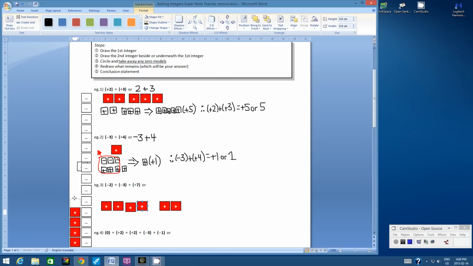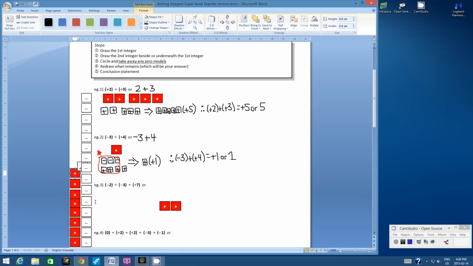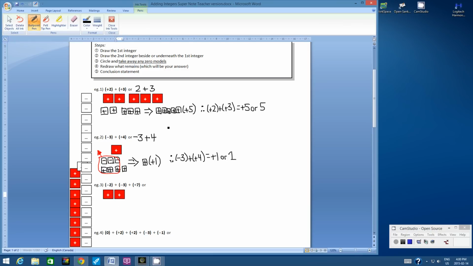But I'm going to carry through here. All right. So whatever remains should be our answer. If we've done our tile solution right, we should end up with +2. Okay. So let's go back now.